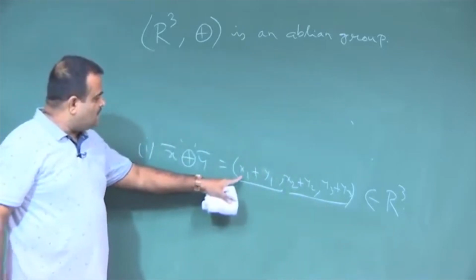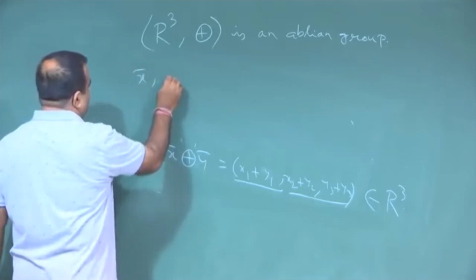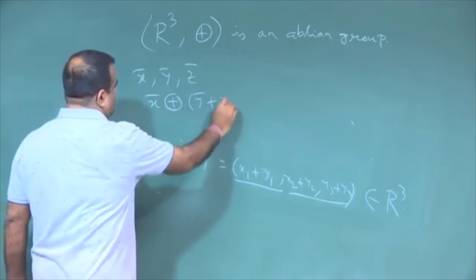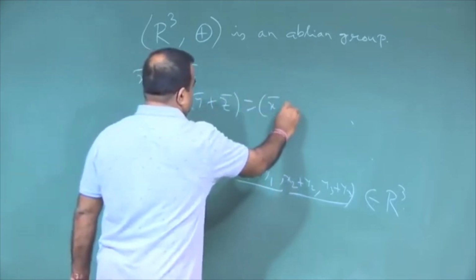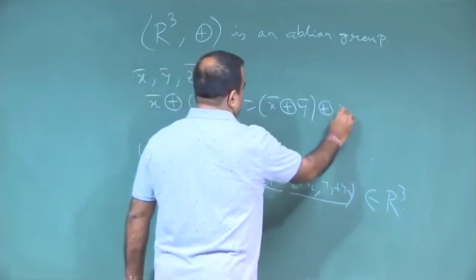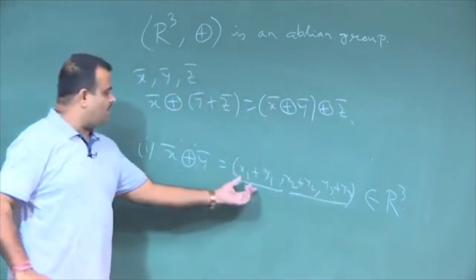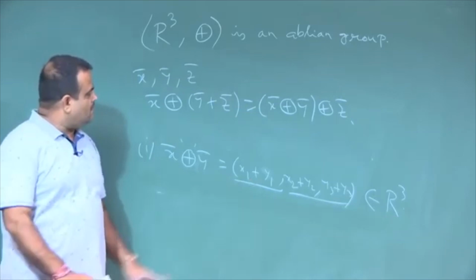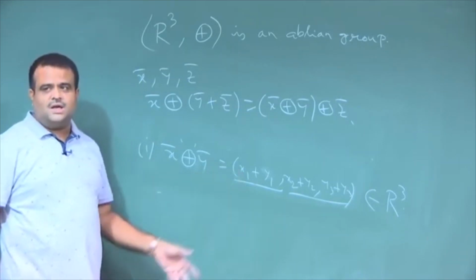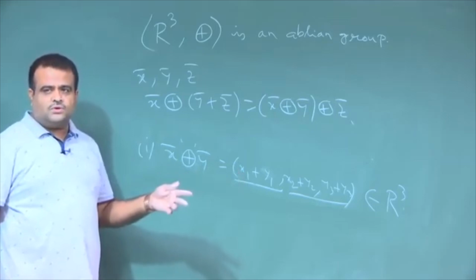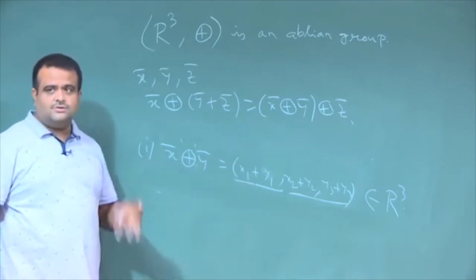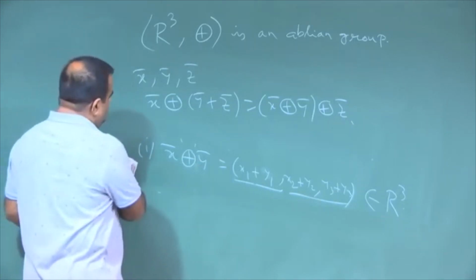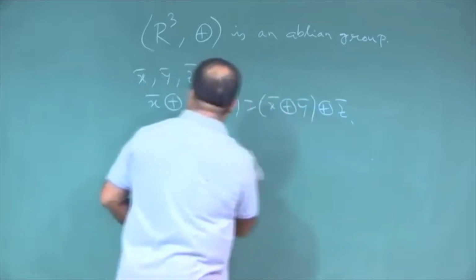Associativity means if we take 3 vectors x, y, z, then this we can easily see. This comes from the associative property of plus over the real numbers, because this is again a group with the plus over R. So, we also have the associativity property. Okay, so associativity is fine.